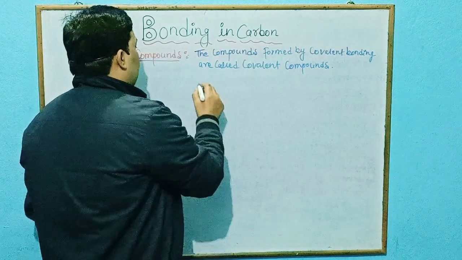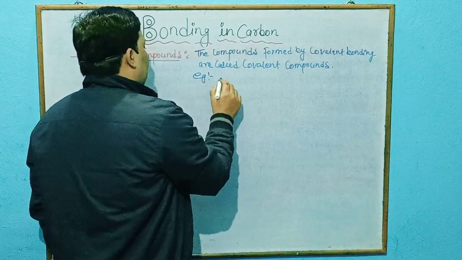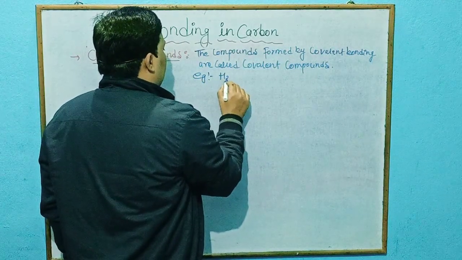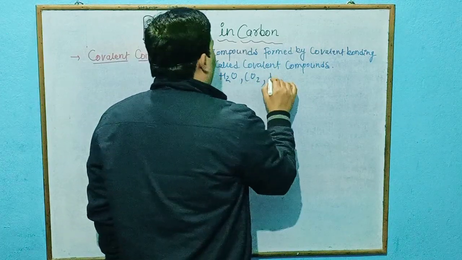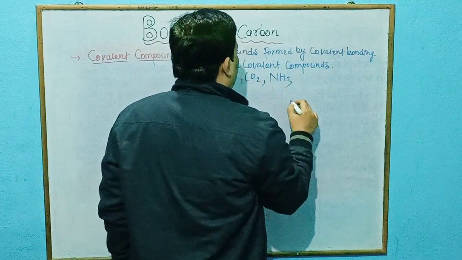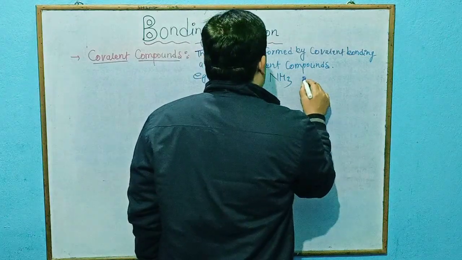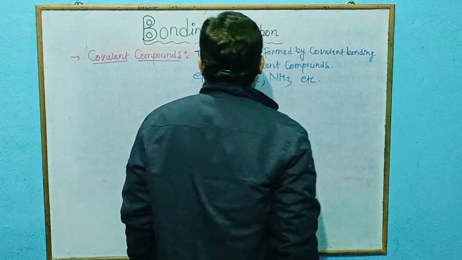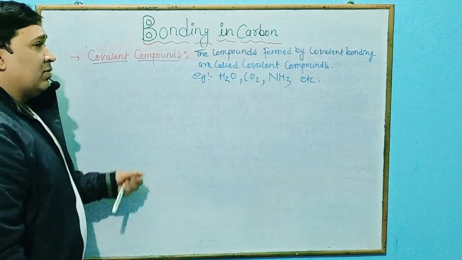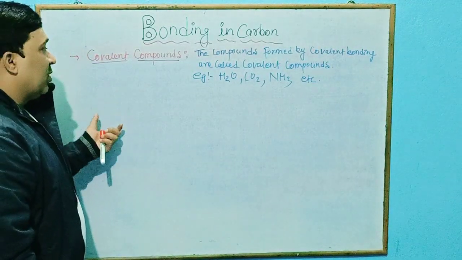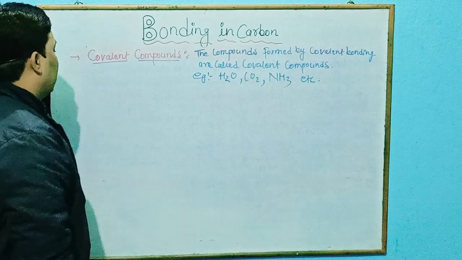For example, water, carbon dioxide, ammonia, etc. So there are a large number of covalently bonded compounds, right? So now we will try to understand some of the characteristic properties of covalent compounds, right?